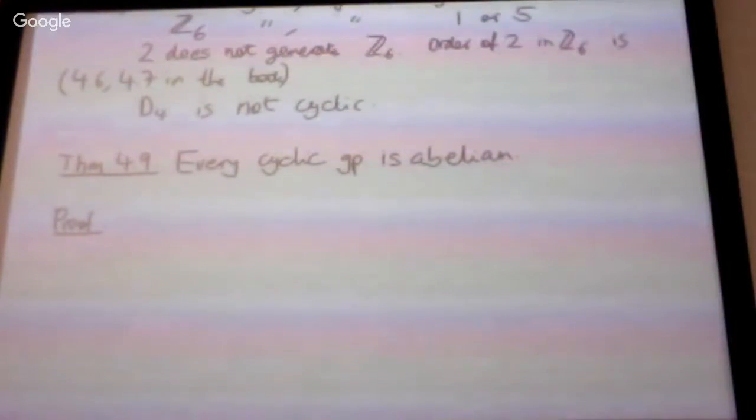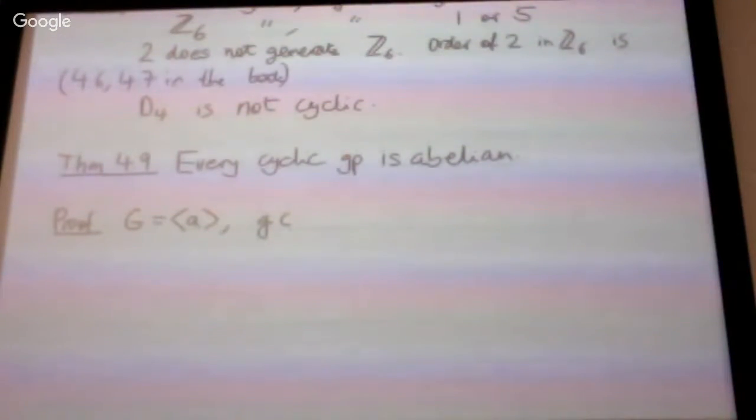So G is the group generated by some element A, and G and H are in the group, and we want to show that they commute. Okay.